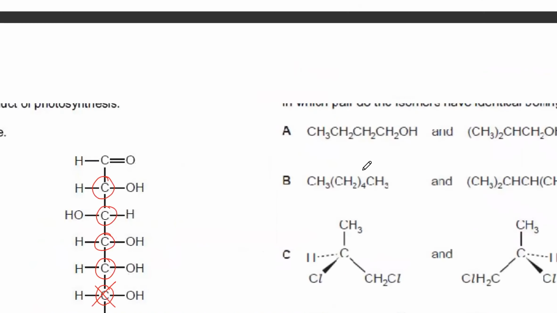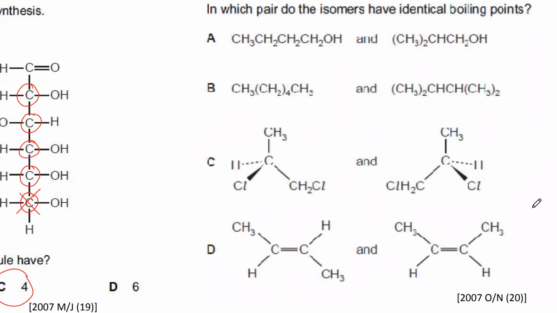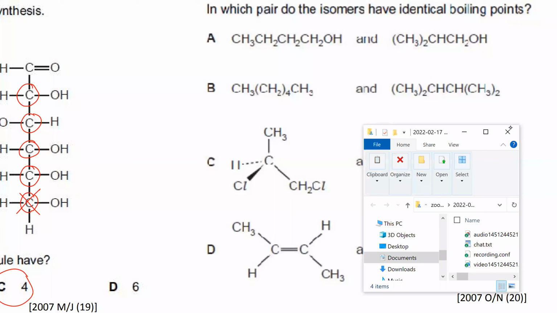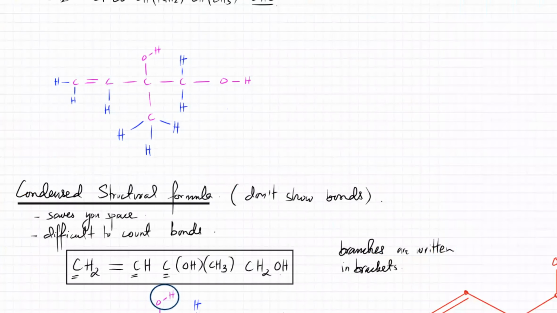The next one is, in which pair do isomers have identical boiling points? So which ones do you think have identical boiling points? Remember this, that optical isomers, especially small molecules, I must have told you that.